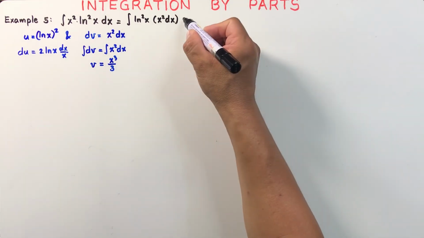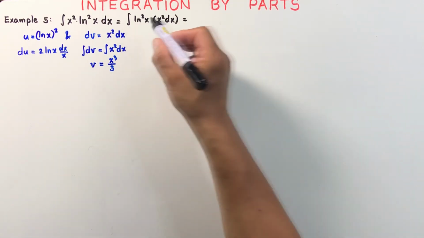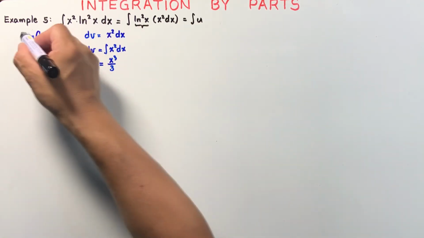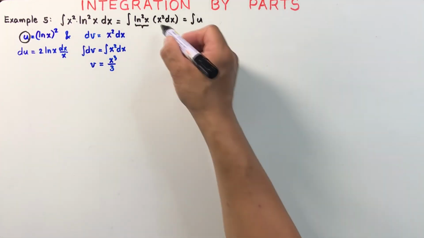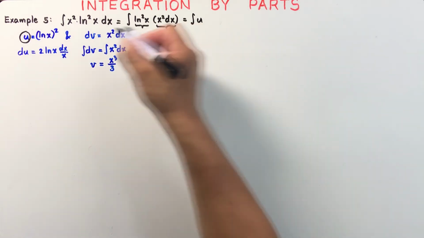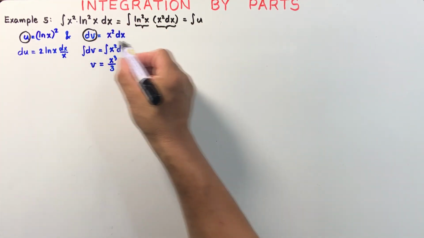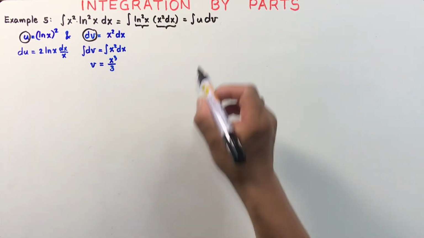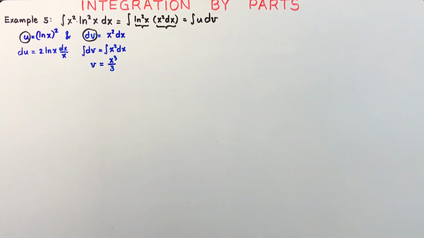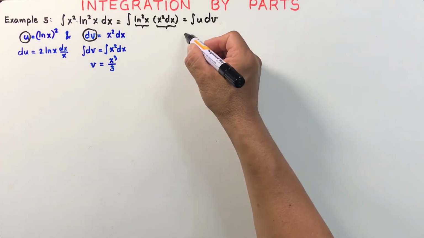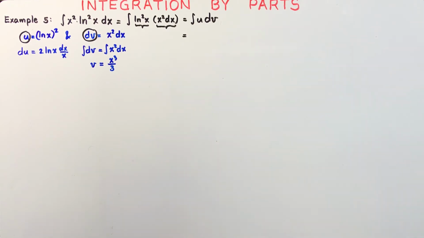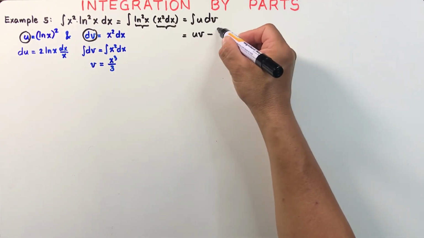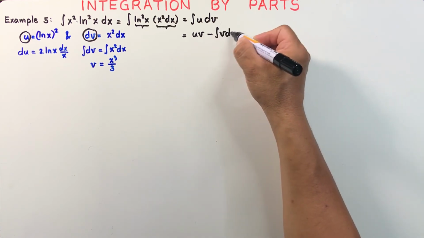So instead of writing ln x squared, you will write u. So this is our u here. And instead of writing x squared dx, that is our dv here, I will write dv. So this is now the integral of u dv. And using the formula for integration by parts, we have u times v minus the integral of v du.